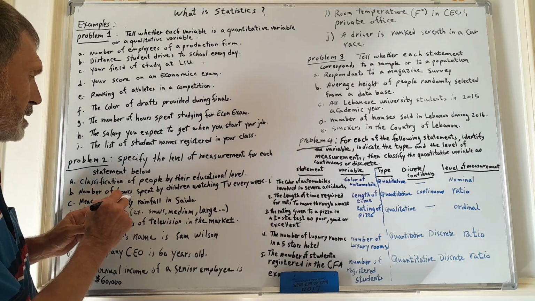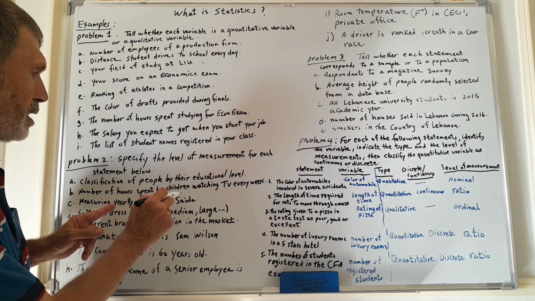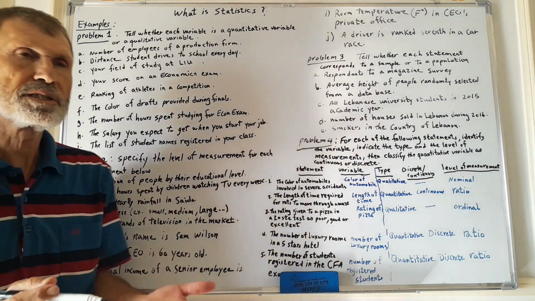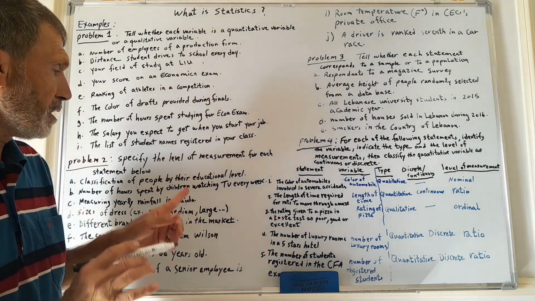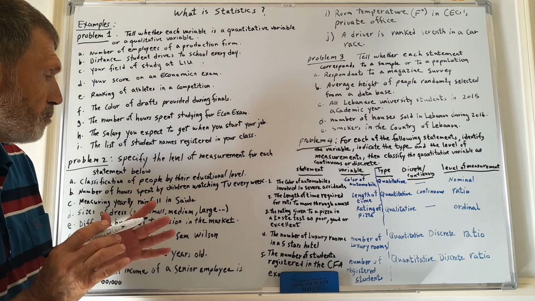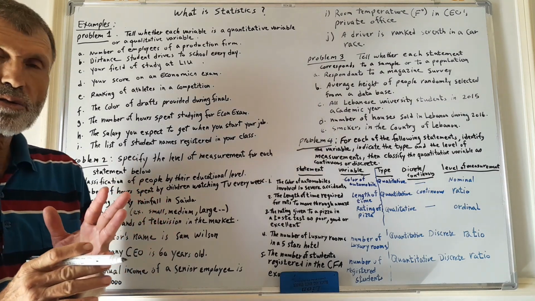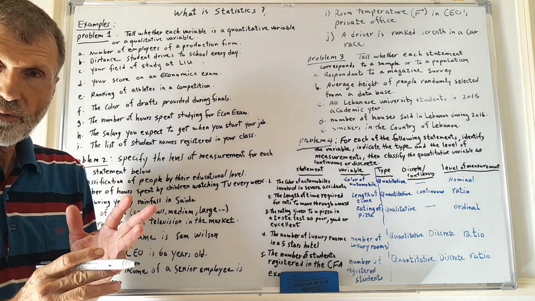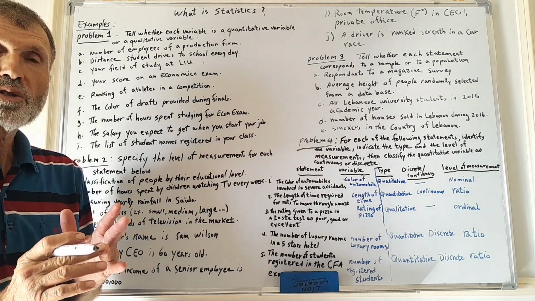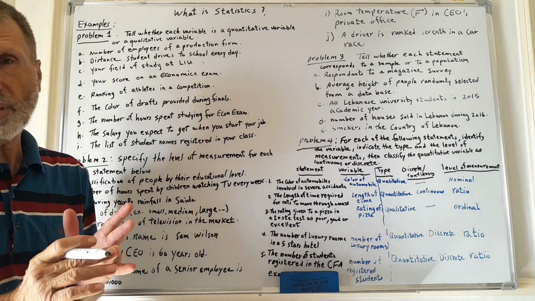Number of hours spent by children watching TV every week. Number of hours, of course, here belongs to a ratio level. Why? Because as you can see, 0 is meaningful, and the ratio between 2 numbers is meaningful.